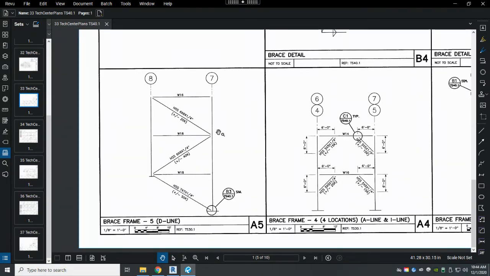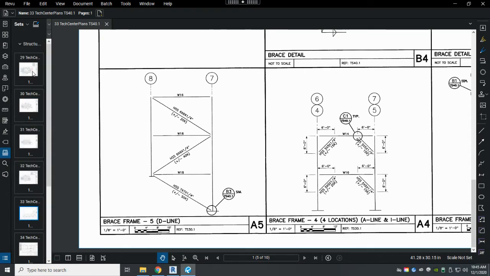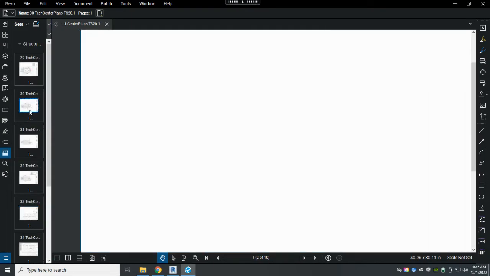And we can see our diagonal bracing that's going on between 7 and 8. So let's look for where that bracing might be. Pay attention to which side 7 and 8 are on, and we'll rotate the plans accordingly. So I'm going to go to column line D and see if we can find out where that bracing is. So let's go to the first floor, and we'll find it there first.